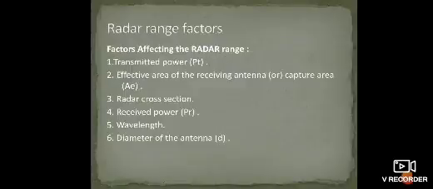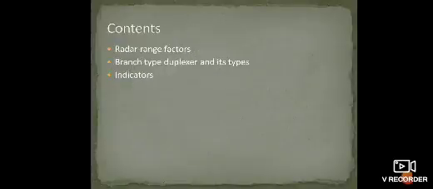I have covered the radar range factors: what are the factors affecting our radar performance? And we are also concerned with the branch type duplexer, and under that what operation is involved, and which tubes are differentiated, that is two types, the TR tube and ATR tube, and what the indicators are. We have a number of indicators, but the displays are classified based on the modulation technique used.